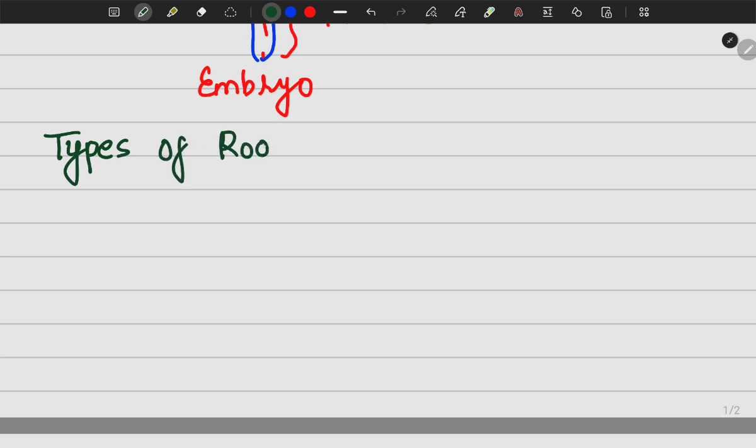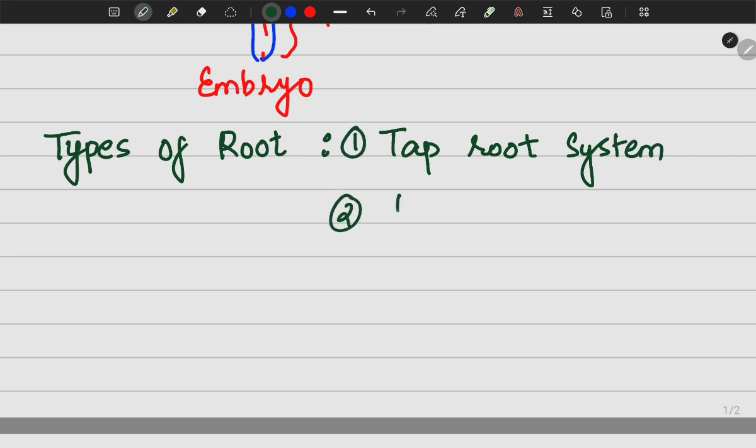So if we talk about types of root, then basically there are three types of root system. First one is the taproot system. Second one is the fibrous root system.